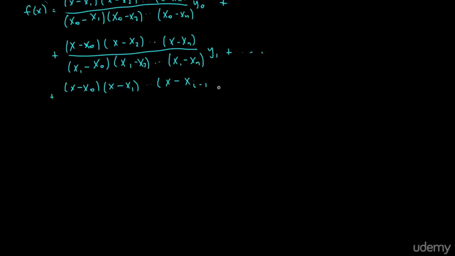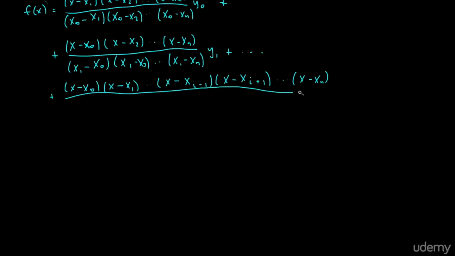So getting close to the end of the whole thing, times x minus xi plus 1, and then all the way up to x minus xn.